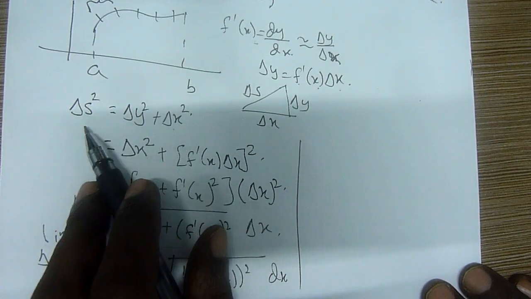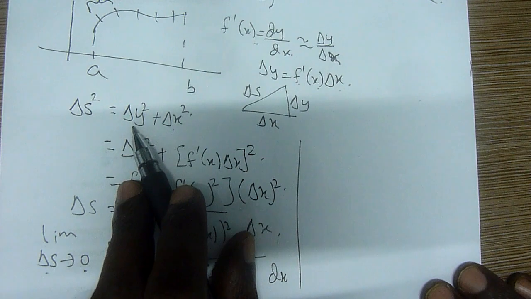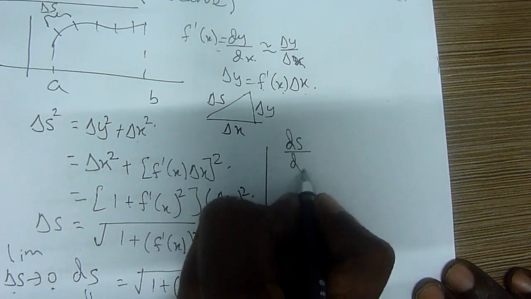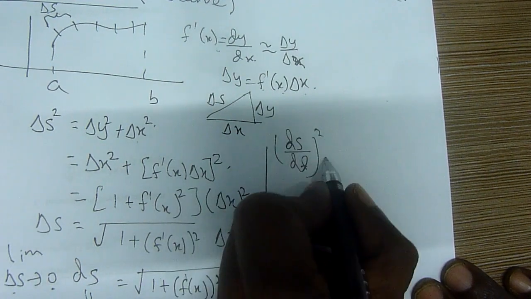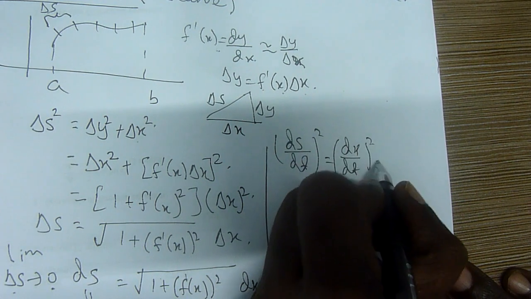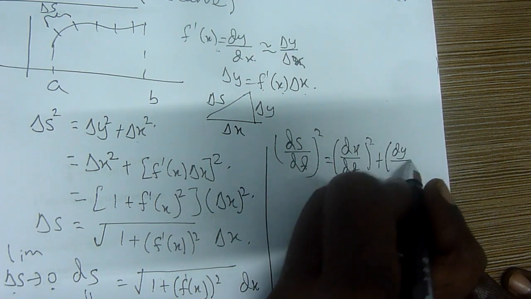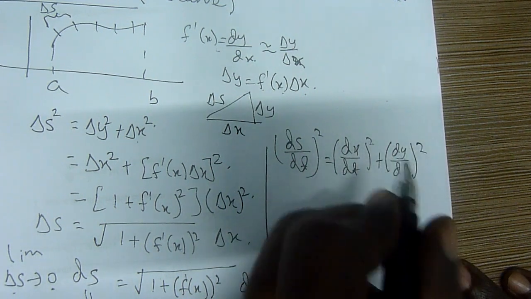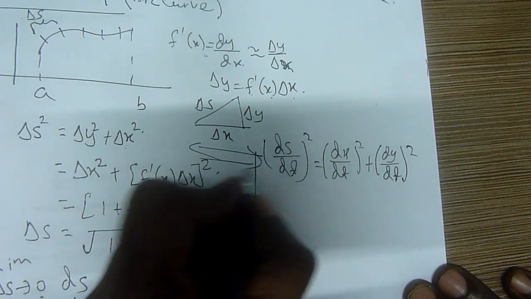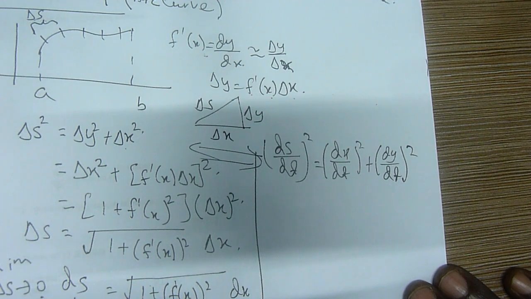Earlier I told you I wanted to show you why the parametrics works. Therefore, imagine (ds/dt) squared is equal to (dx/dt) squared plus (dy/dt) squared. This is similar to this, right? This is what we are doing.